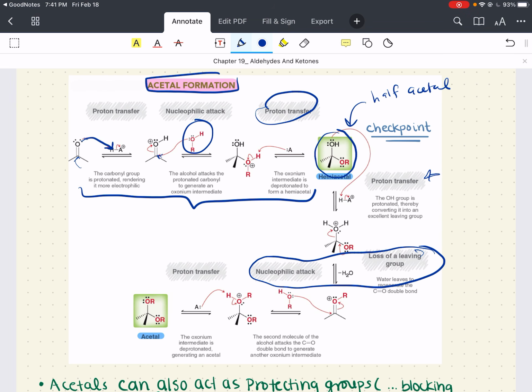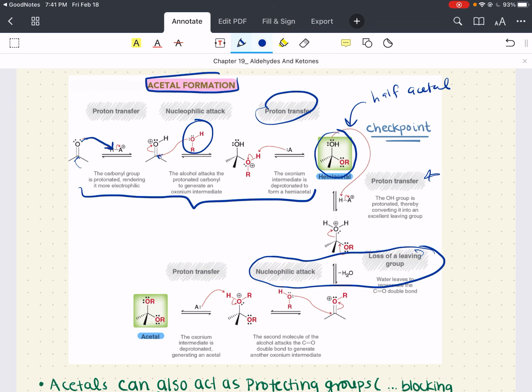The leaving group legitimately leaves first to form this resonance stable intermediate that is then attacked by the nucleophile in a separate step. That doesn't happen in a concerted process. So please be careful with that whenever you're learning and memorizing to draw this mechanism, that those are different steps. You draw the loss of a leaving group, then you draw a nucleophilic attack in two different steps, not in one concerted process.